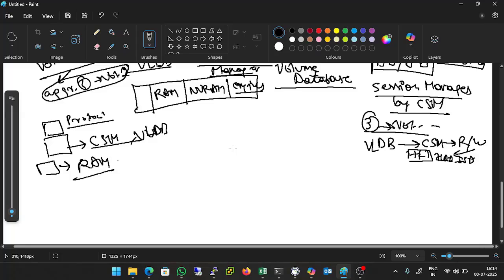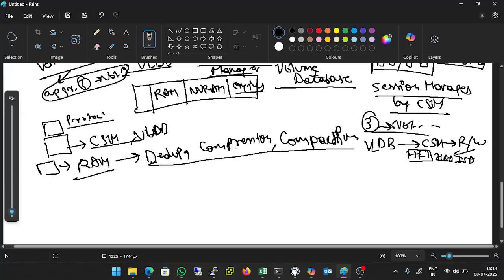During that time, what is happening inside my third layer is that it is performing dedupe, compression, and compaction. These things are performed in the third layer whenever data is written.